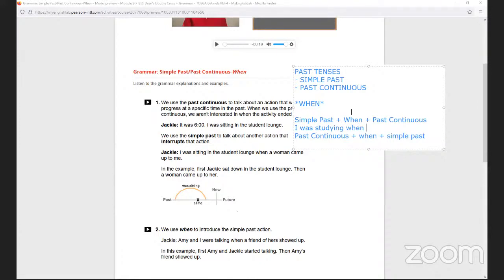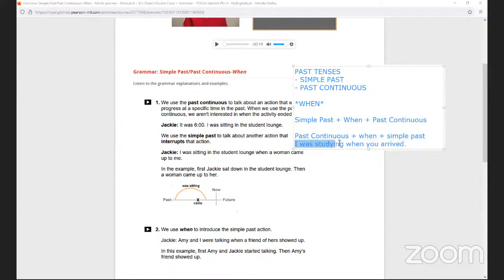When, and after this when, I'm doing another one. I was studying when, and my action that is going to be in simple past is the action that will interrupt this first one. So I was studying when, maybe, you arrived. So here we said that this action started in that moment and finished in that moment because arrived, okay, arrived and stayed there, for example.